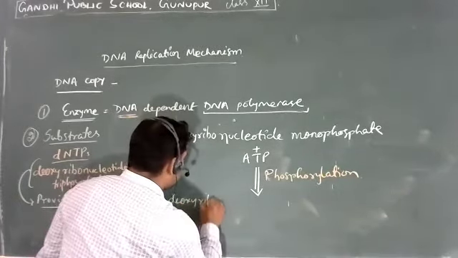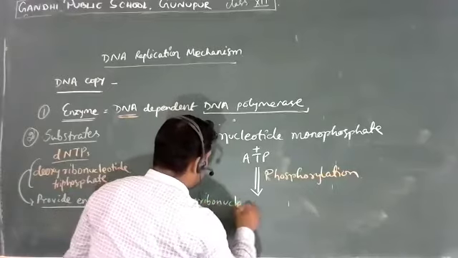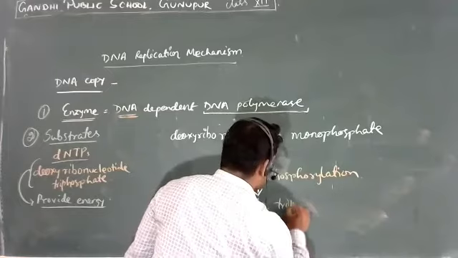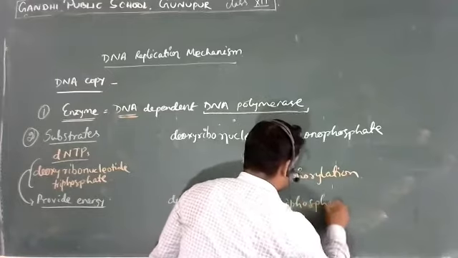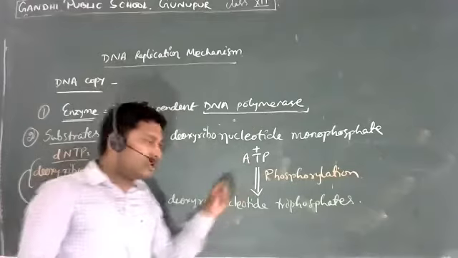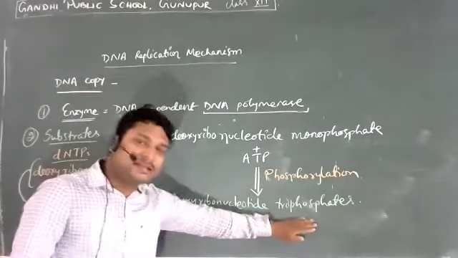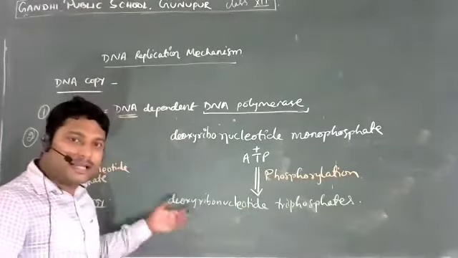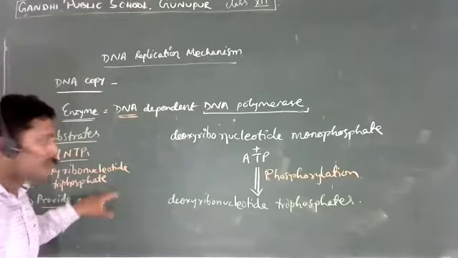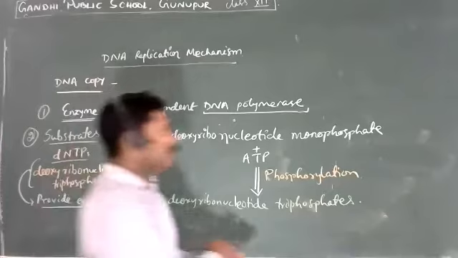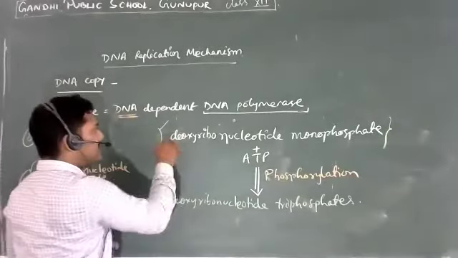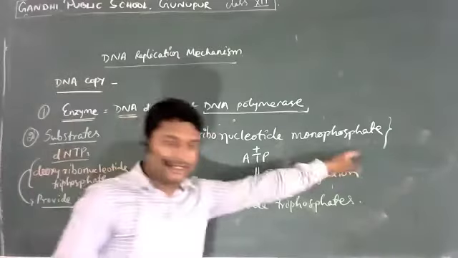It is going to produce the deoxyribonucleotide triphosphates. And remember, this is a very important step because we said that these substrates also provide energy that is essential for the process of polymerization. So in the nucleoplasm, what we have is the deoxyribonucleotide monophosphate.